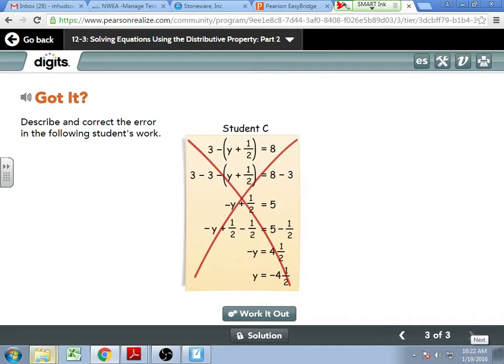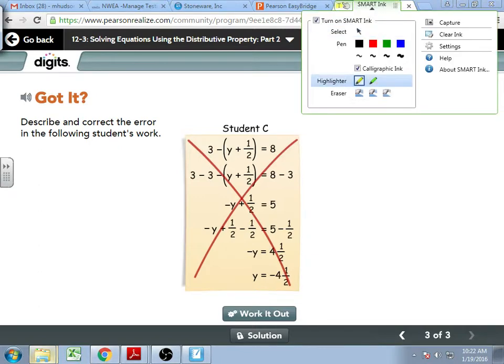So follow out the work. I know it's a little hard to see. They have 3 minus this whole quantity. So then what's the first thing that they're doing on both sides? Can we just identify what they're doing? Pranav? Are they doing the distributive? Nope. Not from step 1 to 2. Ella?